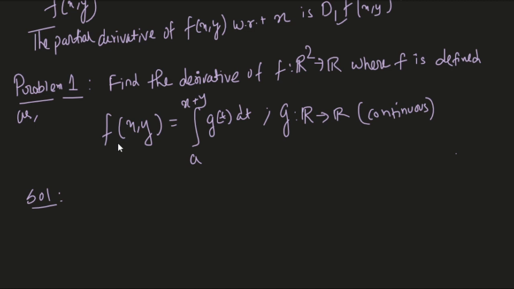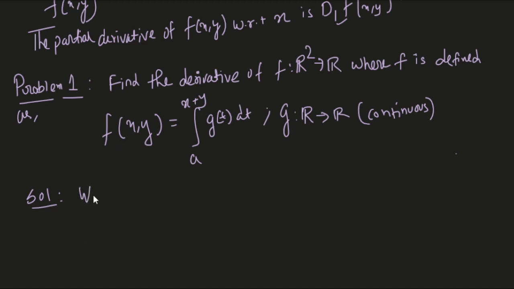Now how do we find the derivative of it? It's no different than finding a derivative of a different function composed of x and y, and we can use our same methods to do that. So what we can do is as follows.